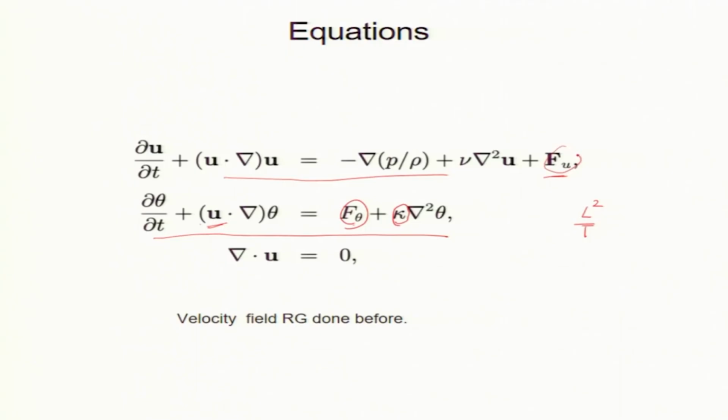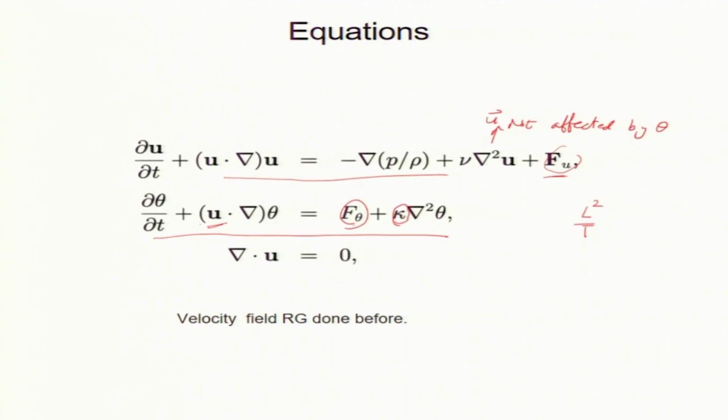So, Fu is not a function of theta. So, this is not affected by theta. So, the velocity field is not affected by theta, that is why it is called passive, okay. So, my theta is a passive scalar field.